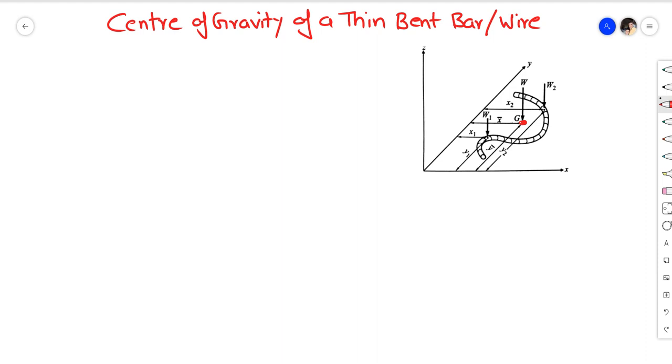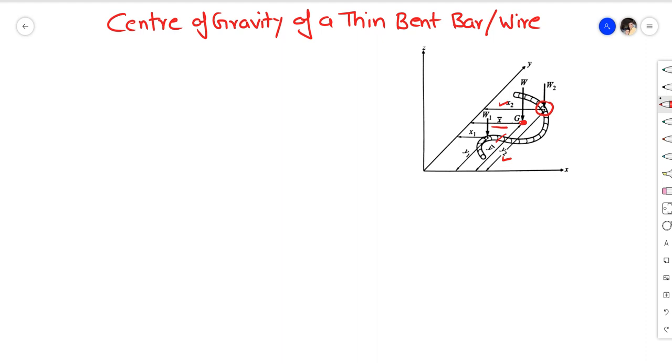So I can show you the coordinates. So this is the x coordinate and this is the y coordinate. Okay, so its centroidal coordinates are x bar and y bar. Again, in between, if I consider a section w2, so for w2 we can write centroidal coordinates like x2 and y2.